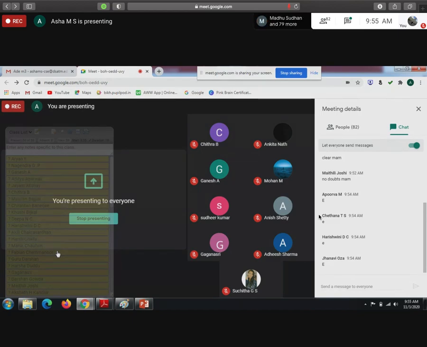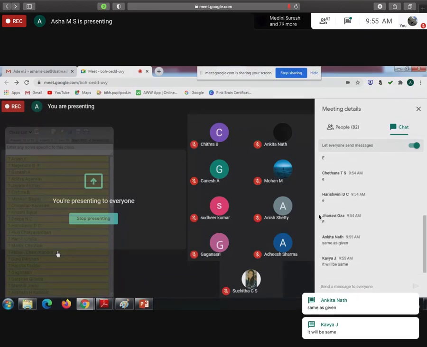The question is, in the multiplexers we studied from yesterday, are the data inputs inverted, or are they the same as what we give? Same as given, correct?